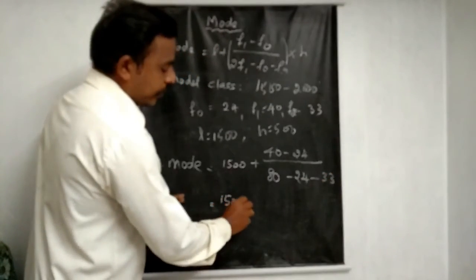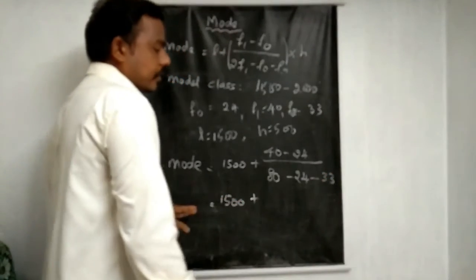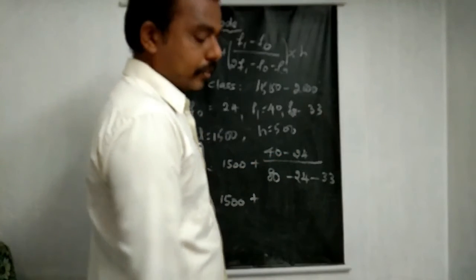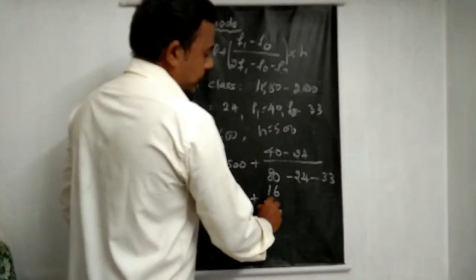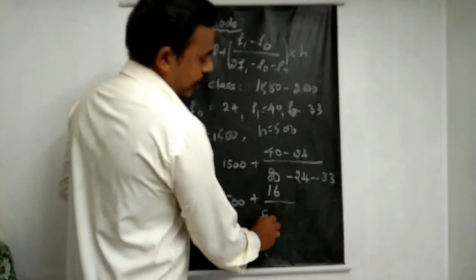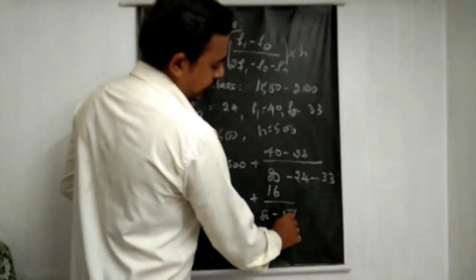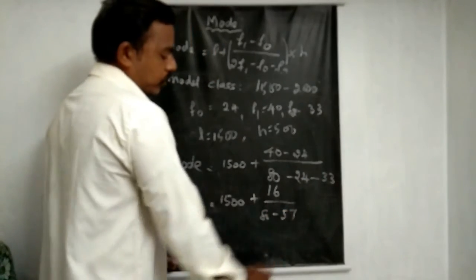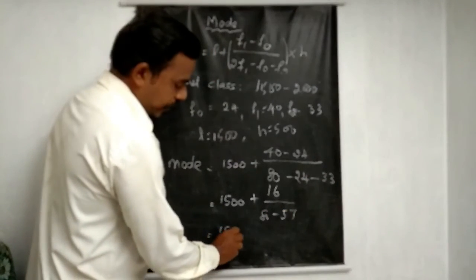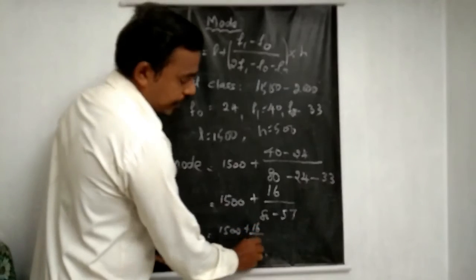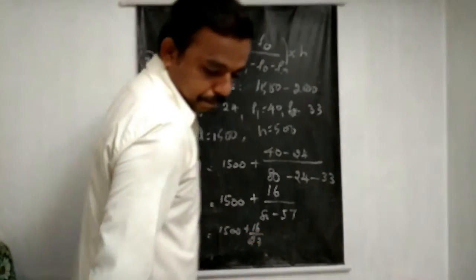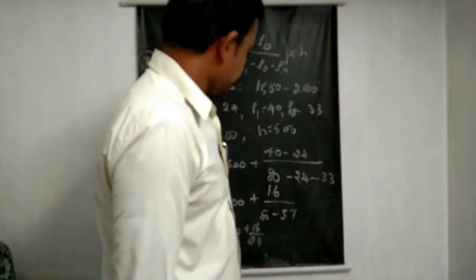So 1500 plus 40 minus 24, 16, divided by 80 minus 57, 23. So 1500 plus 16 divided by 23 into h.